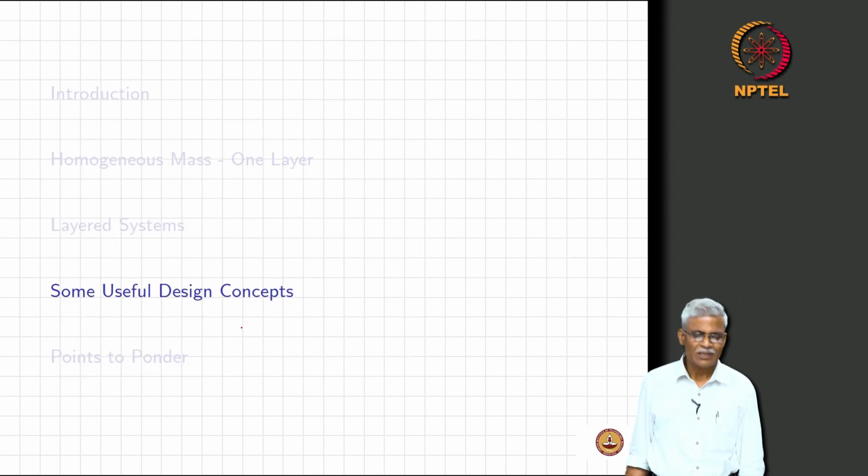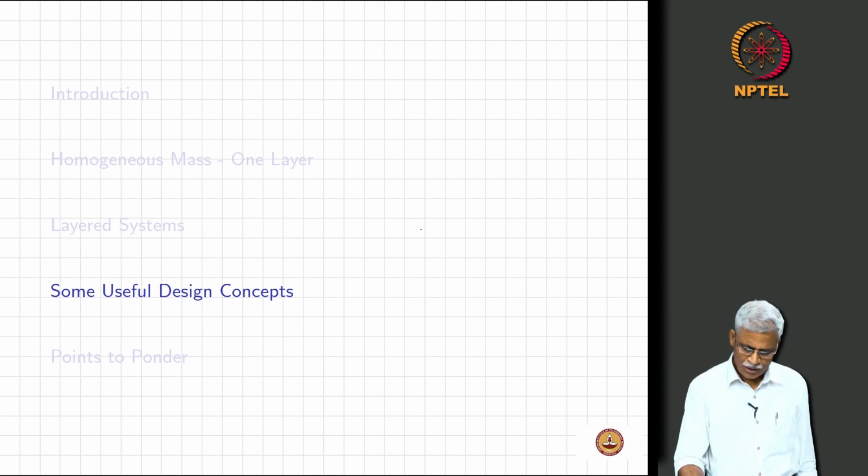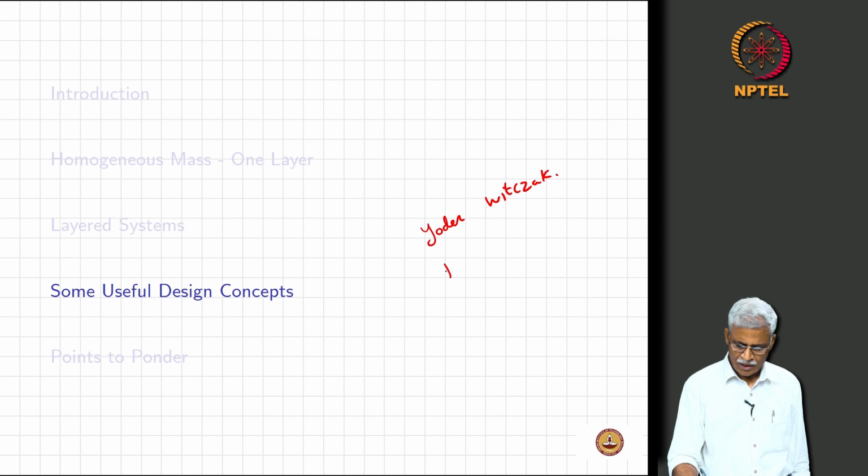So let us understand it. I am just going to explain a few useful design concepts here. They are very critical and very important, and here I am mostly going to be using some important results that are presented in this book by Yoder and Witczak, Principles of Pavement Design, second edition, 1975.